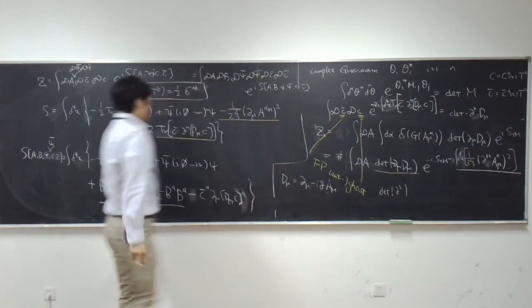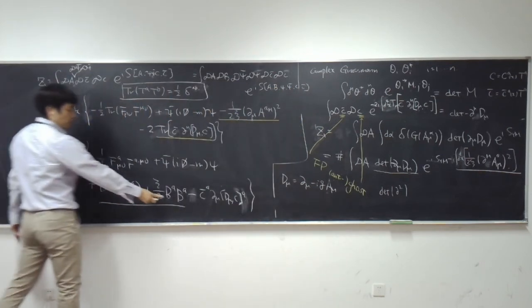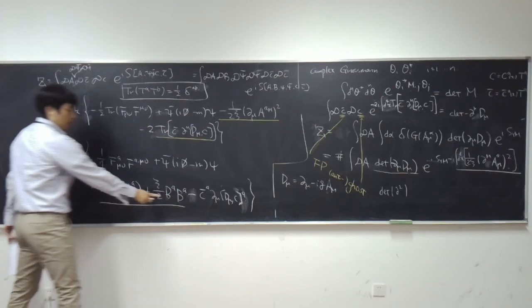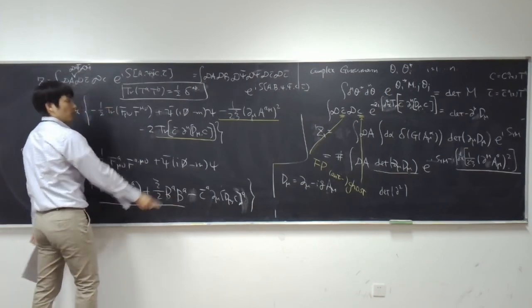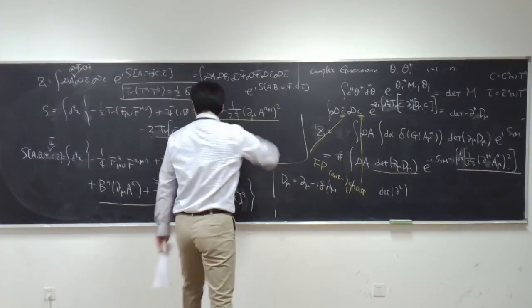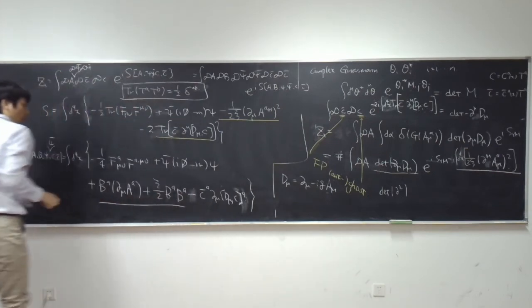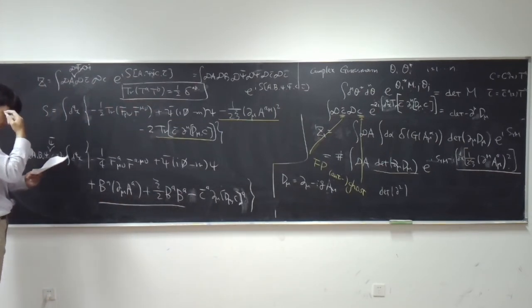Okay. So after performing the Gaussian integral, the B integral, you get this one.